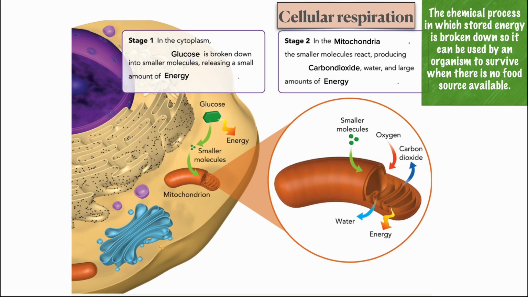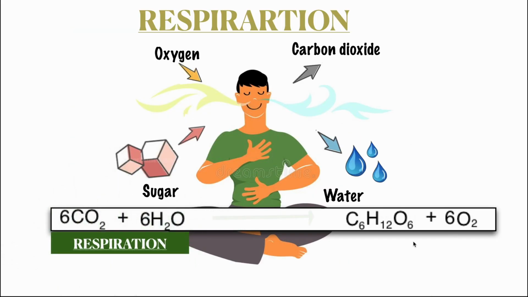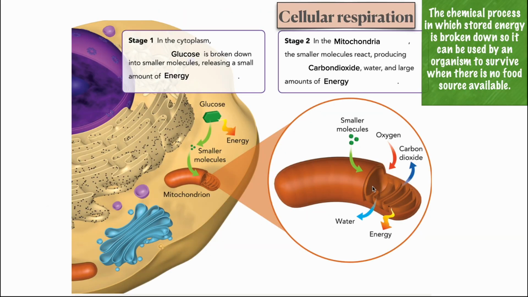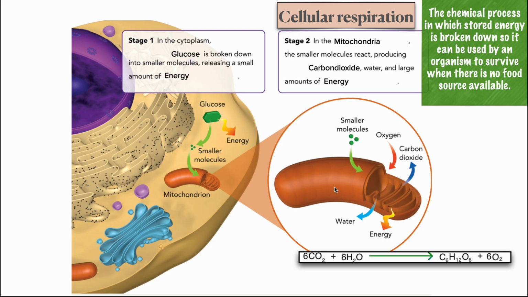Does that make sense? So the reaction that we saw previously about respiration, where does this occur? It occurs inside the mitochondria. So this process makes the mitochondria release what? Carbon dioxide, just like the equation that we saw earlier, water, and lots of energy.